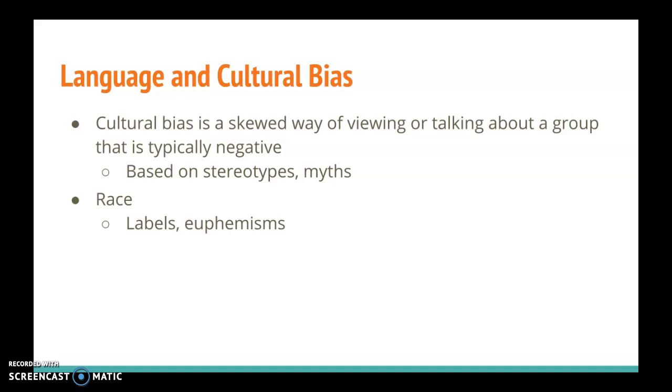So for example, we use terms like white or person of color or Black or Asian American or whatever else you have. And those labels can be really important to individuals. But in addition to those labels, we also tend to use a lot of euphemisms for race that illustrate bias right within them.